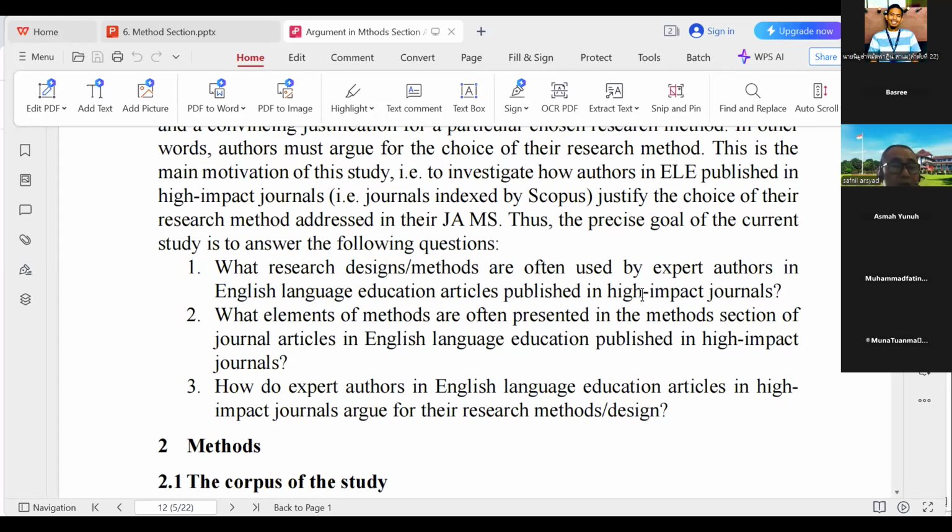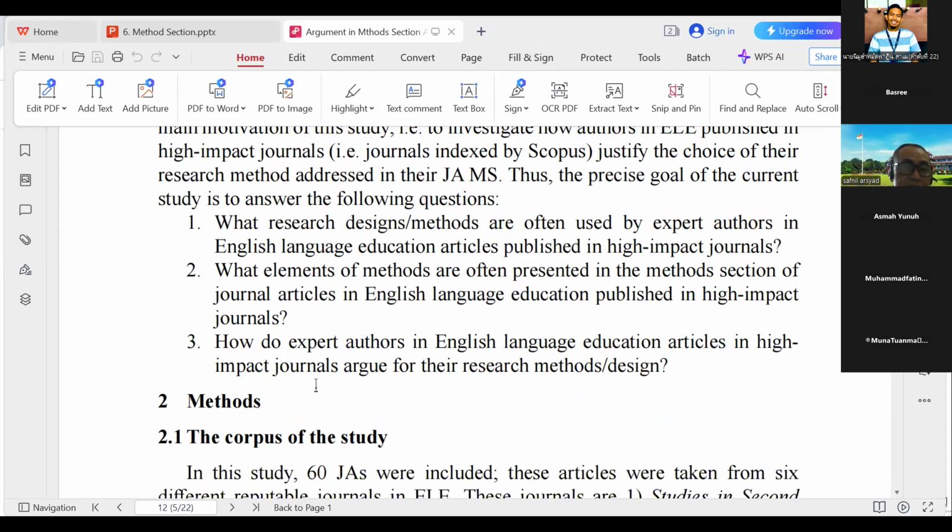Question number two, what elements of methods are often presented in the method section of journal articles in English language education published in high impact journals? And number three, how do expert authors in English language education articles in high impact journals argue for their research method? So how do they justify the choice of research methods?